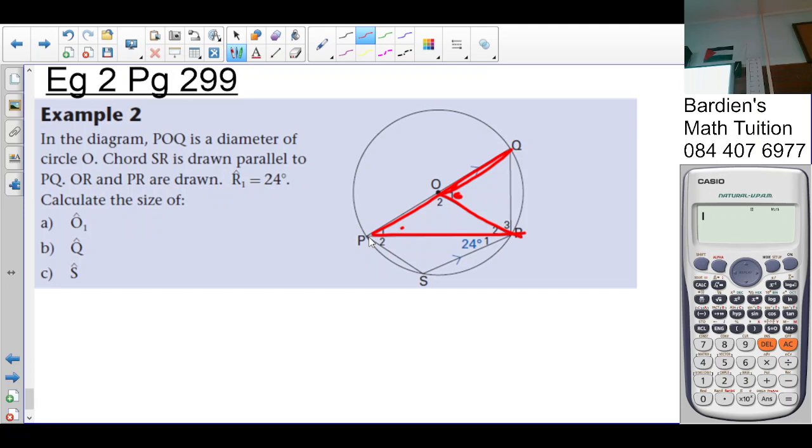But we know that P1 is also equal to 24, and there we got already O1. Easy. No? Was that easy? Okay, so write that one out quickly. So first P1 and then O1.